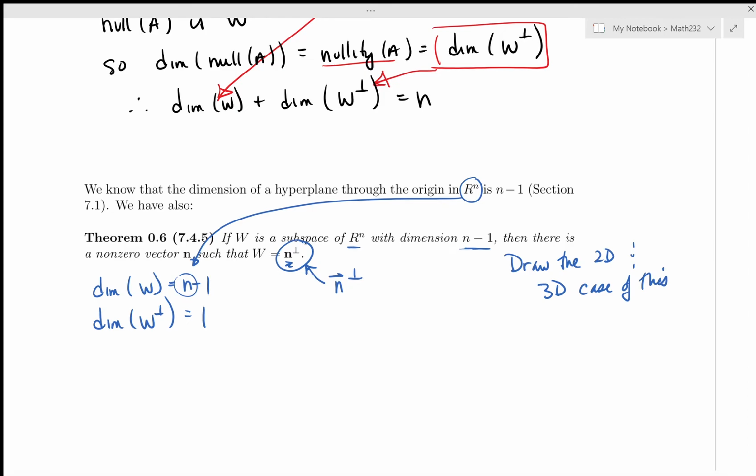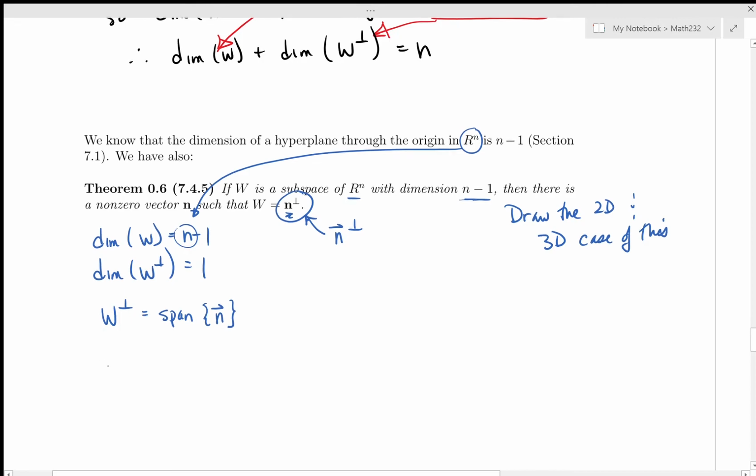Now, the orthogonal complement of W is the span of n.